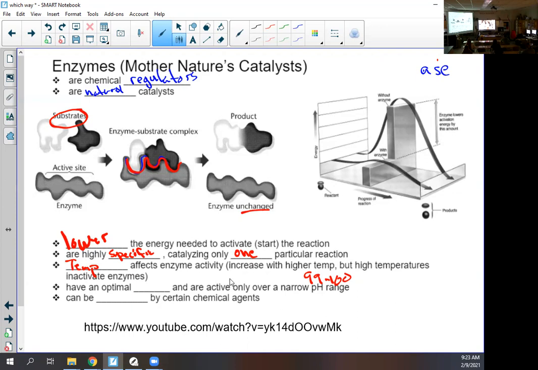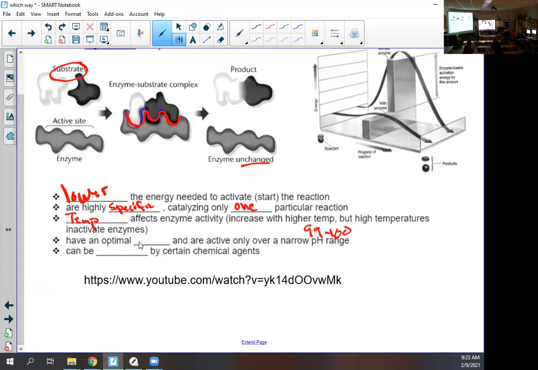So there's no trigger that says, hey, you got to eat, even though you still definitely need to eat. So it's just your enzymes are out of whack. They have an optimal pH. pH is the measure of acidity in your body. All right. And if you mess that up, you definitely will mess up your enzymes.